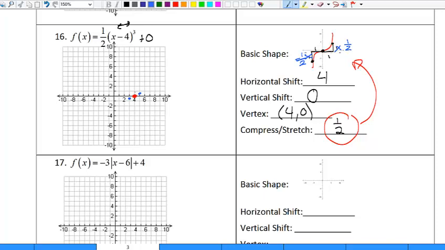And because you got only down and up a half, what happens is it makes my end shape a little bit wider. It's really compressed, but it looks more wide than what it would normally have looked like. So that is the solution to number 16.